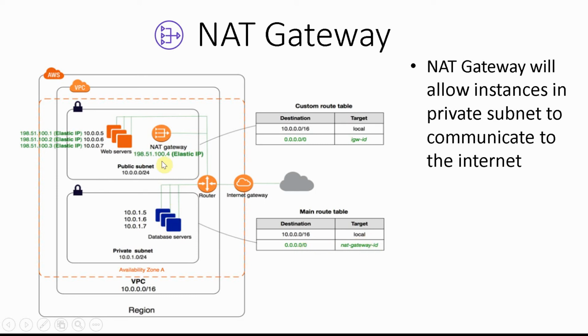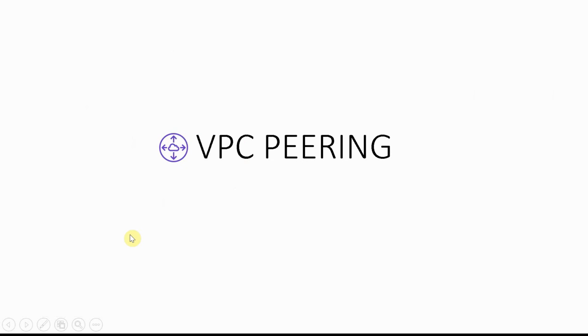So the call will go to NAT gateway, and from here it will have access to internet because it's in public subnet, and then it can go to the outside world via router and then via NAT gateway, and then it will go out and get the internet. So that is the process. One-line summary: NAT gateway is primarily to get internet for private subnet. So that is a use case.